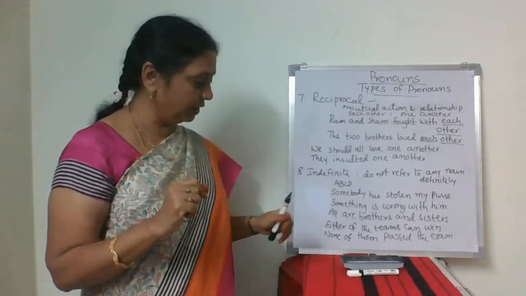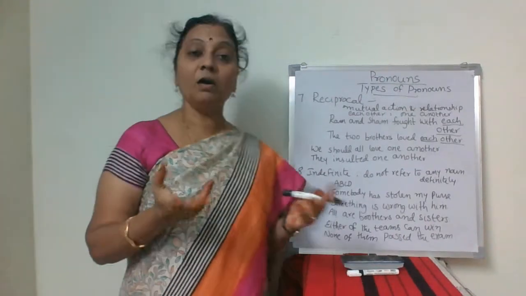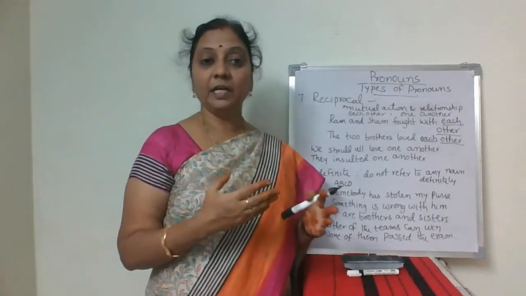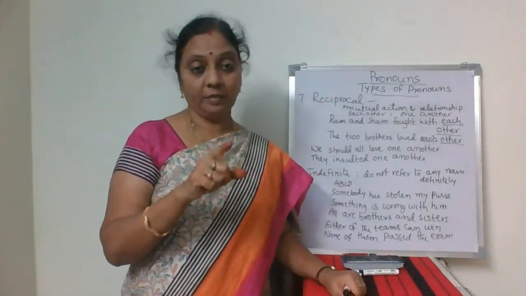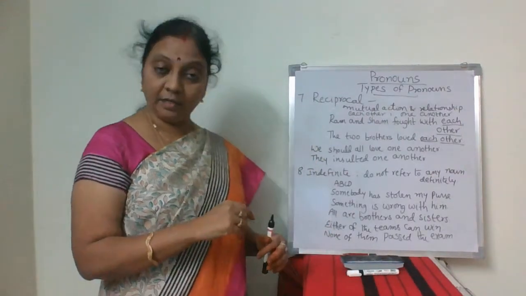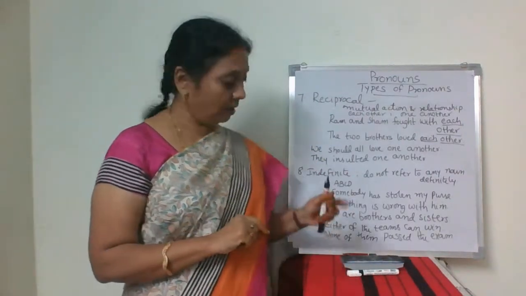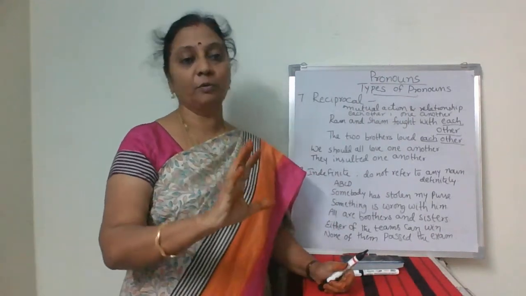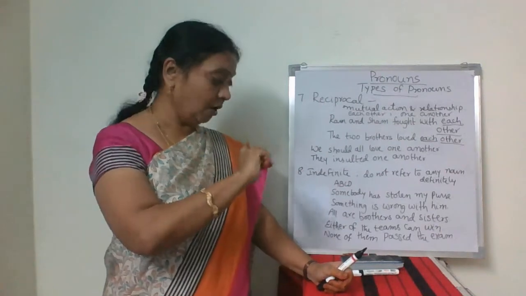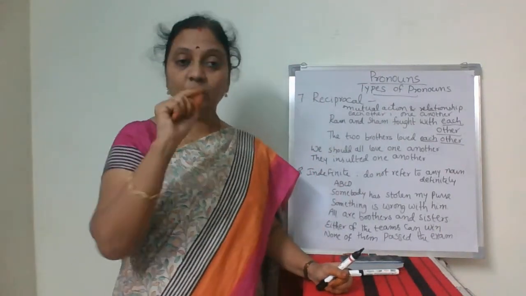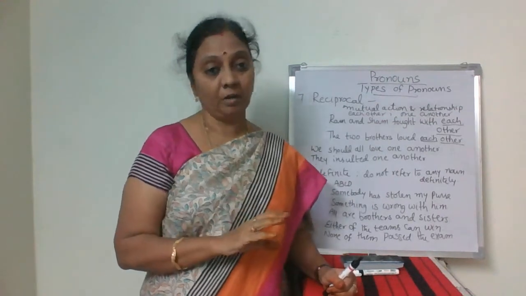In such cases we use all. Somebody, something, anybody, everybody, either, neither, none, are all singular. But whenever you write all and both, they should be followed by plurals, like all are brothers and sisters, both of them are coming to my house.